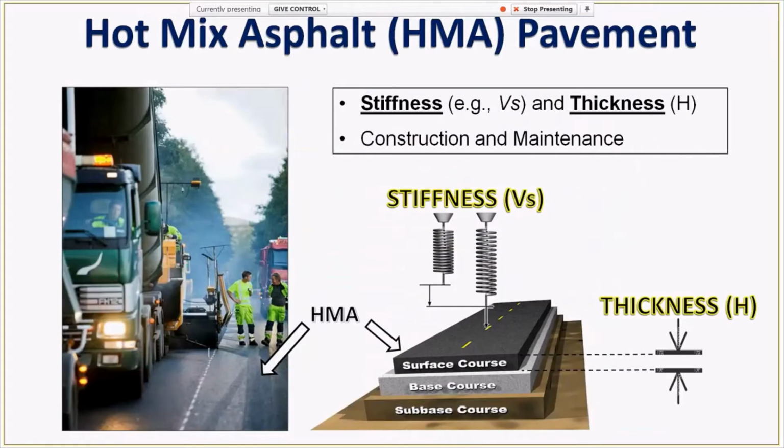So basically, we are trying to develop a system that evaluates stiffness and thickness of asphalt pavement layer by using a seismic technique. Stiffness is our main target parameter that we are trying to evaluate as accurately as possible.